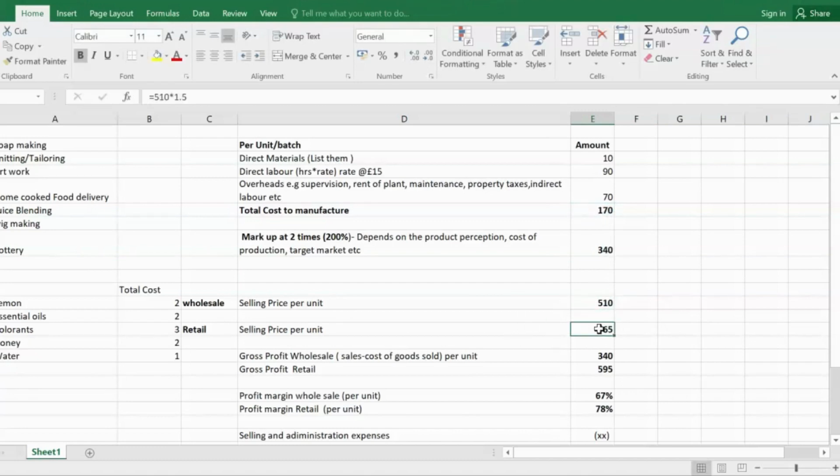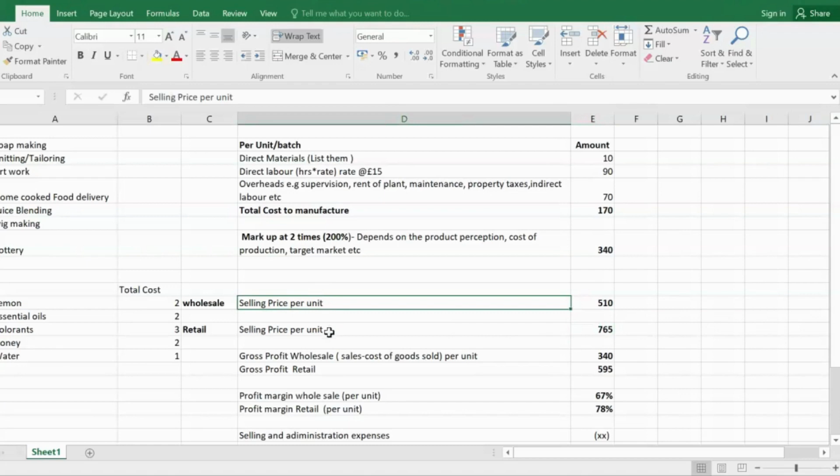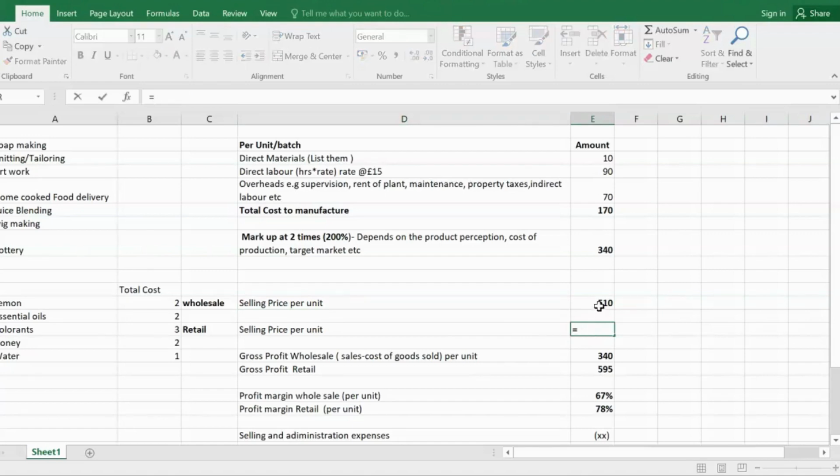For the retail, just determine a markup per unit from the wholesale. So just have a guess, like for my retail price, I'll take the wholesale price and multiply it times 1.5, probably 765. And so you can determine the profit from this end.